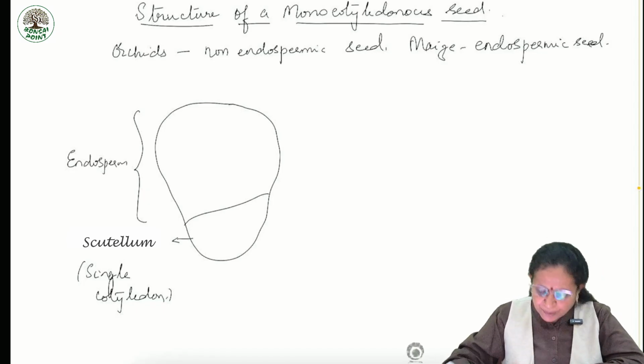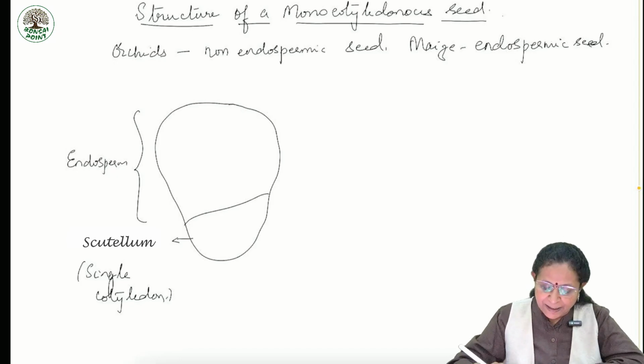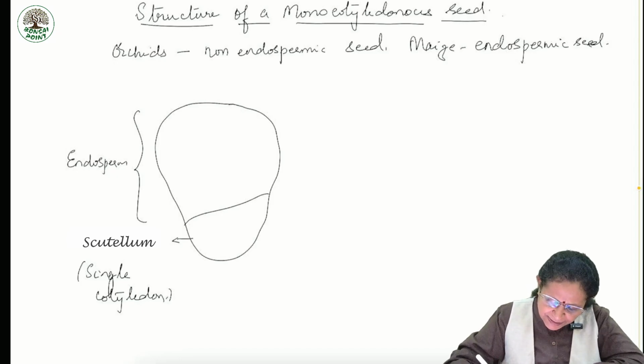Now, endosperm is separated from the embryo with the help of an aleurone or proteinaceous layer. Aleurone or proteinaceous layer.